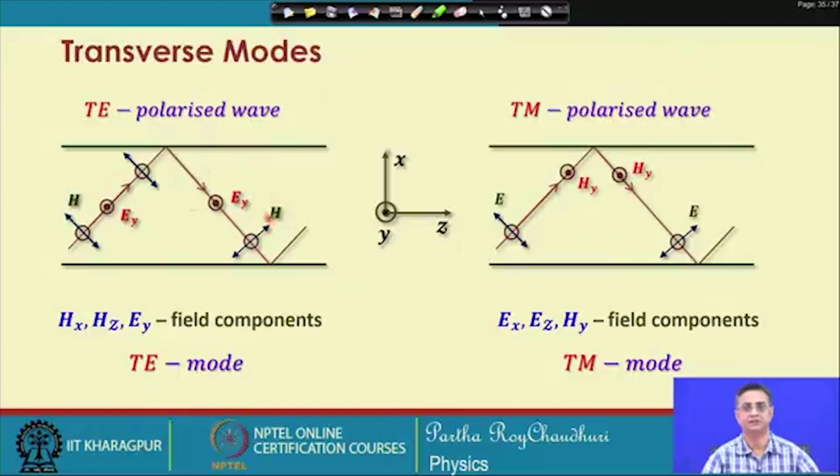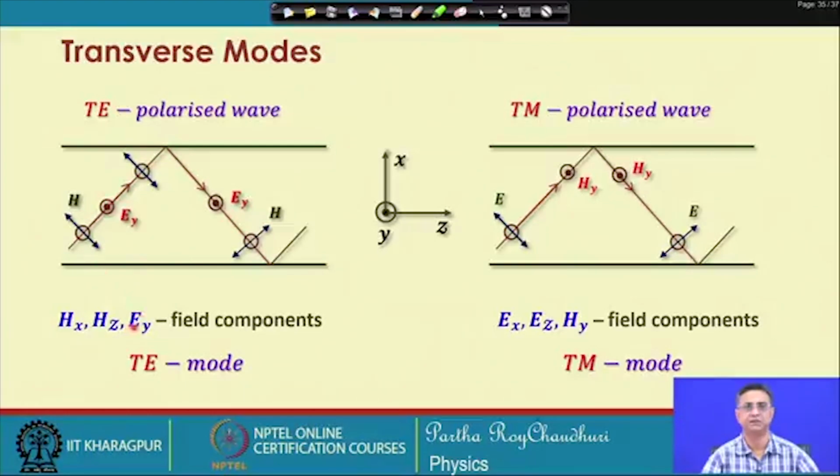So, the interface which is embedding this medium, that is N 1, N 2 or N 3. So, for such a structure we can see that the electric field is purely tangential.